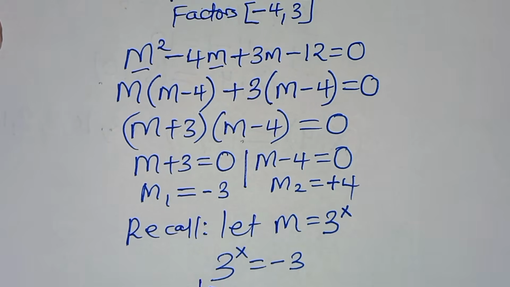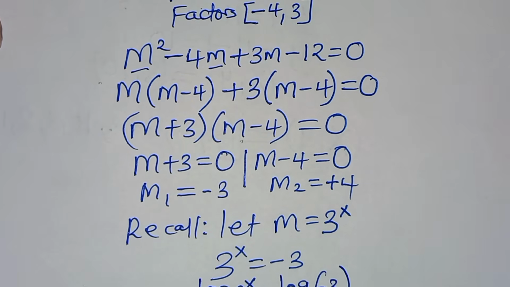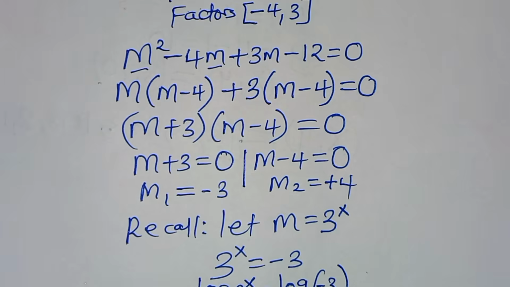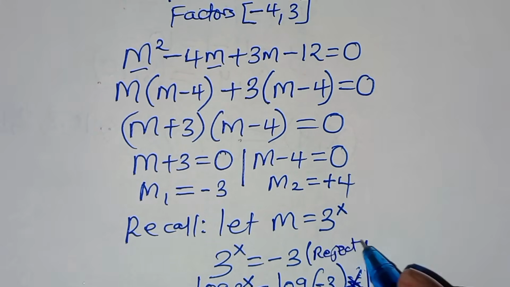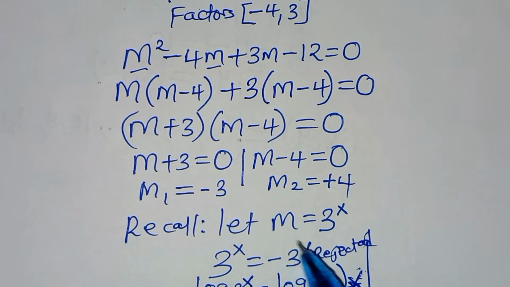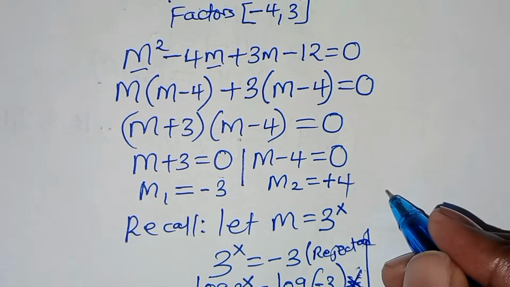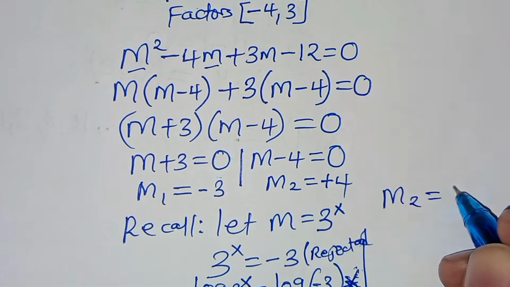So this is the same thing as log 3 to power x equal to log minus 3. But you find that the logarithm of a negative value is actually undefined. So this approach will not give us the value of x. So this part is rejected, that is m equal to minus 3. And this implies that we only have m2, which is equal to 4.